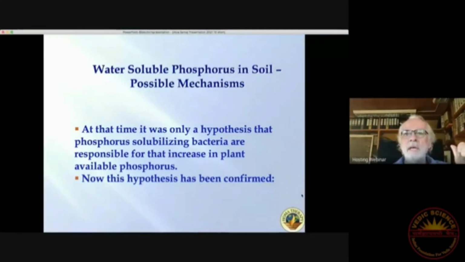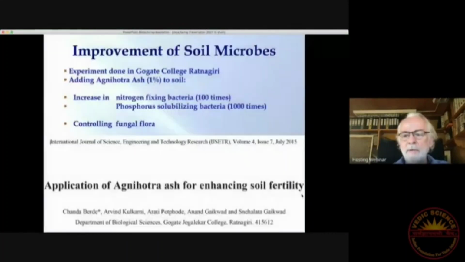The hypothesis was that there are bacteria which make the phosphorus water soluble, and maybe these bacteria are increased if you add Agnihotra ash. And that was checked experimentally, and the hypothesis was confirmed. Some experiments showed that if you add 1% of Agnihotra ash to the soil, nitrogen fixing bacteria increased 100 times, and phosphorus solubilizing bacteria increased even 1,000 times.